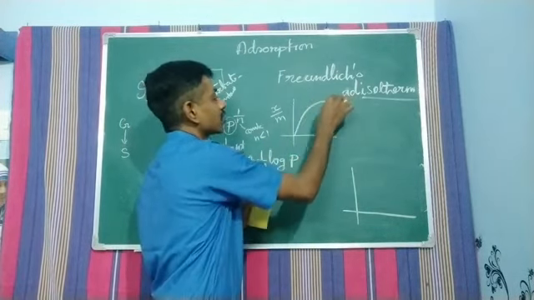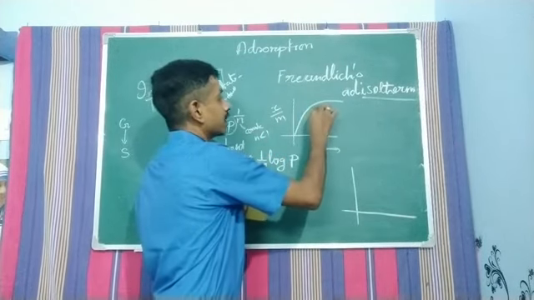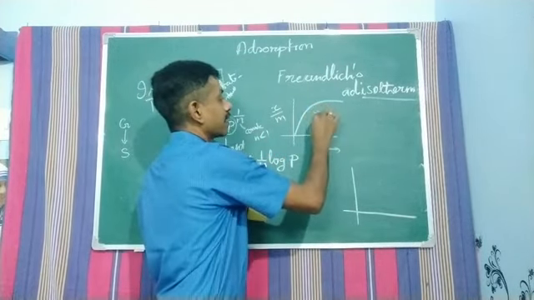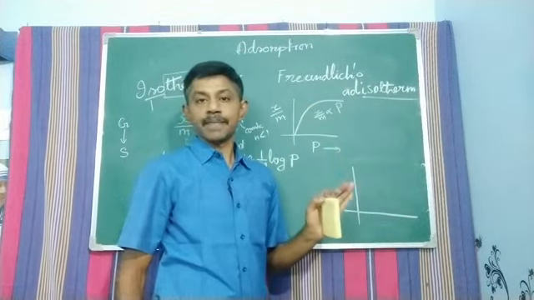So this is the first type of graph he received for the adsorption of gaseous molecules over the solid surface, with x by m on the y-axis and pressure on the x-axis. It clearly indicates that x by m is directly proportional to pressure. When the pressure increases, the adsorption also increases.